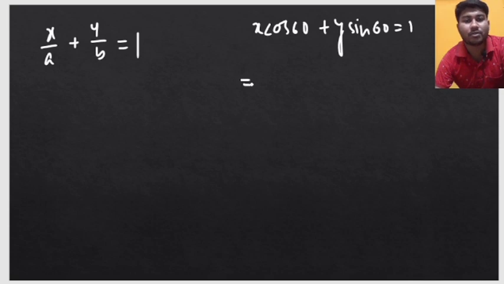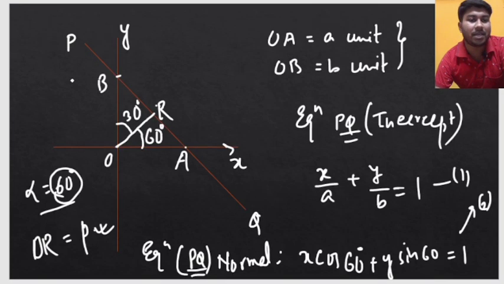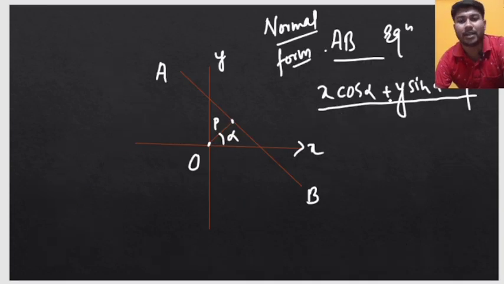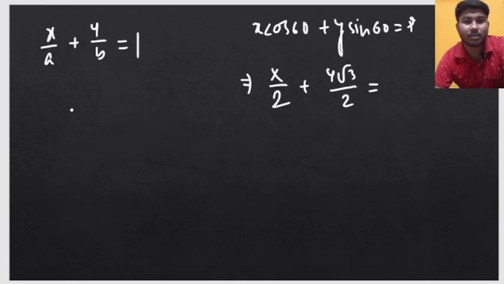On the right-hand side, we write whatever the length of the perpendicular is, because the length of the perpendicular is p. Look, x cos alpha plus y sin alpha equals p. So here the right-hand side will be p, and here also it will be p.